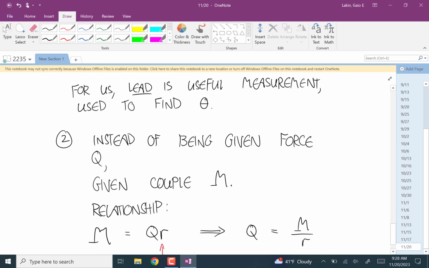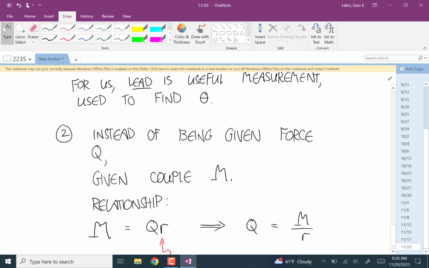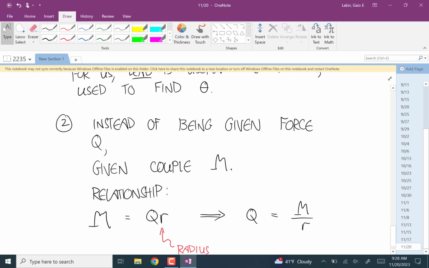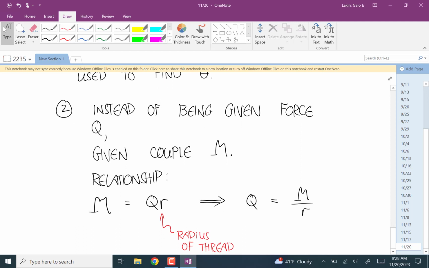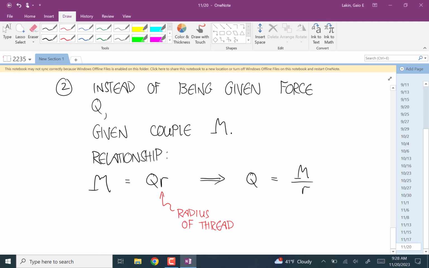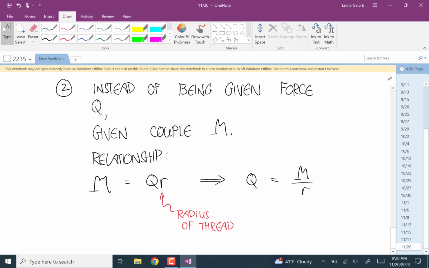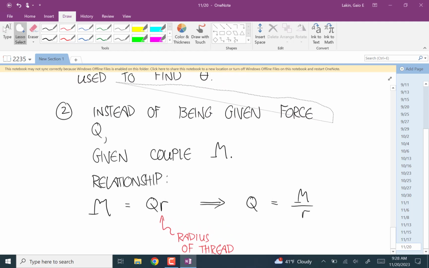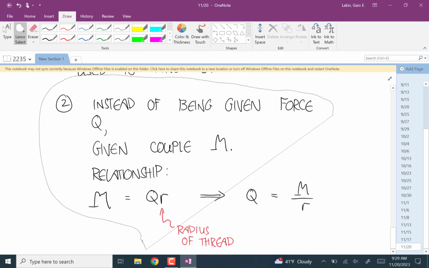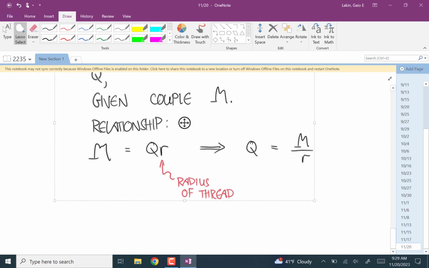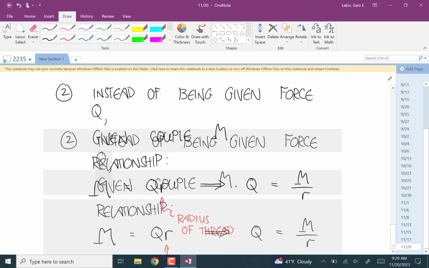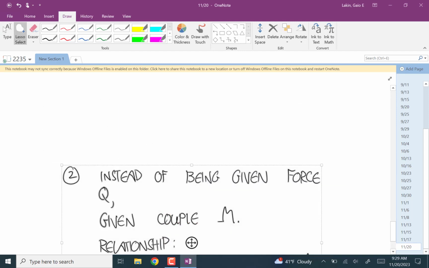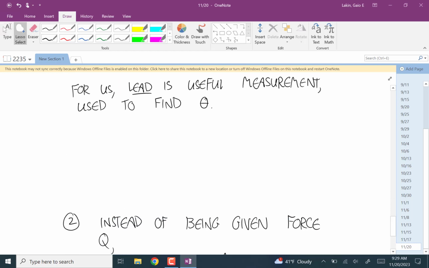Well, I know you can't do this, but maybe I would say draw an arrow, and let me just put the relationship between the angle and the lead of a screw in here.